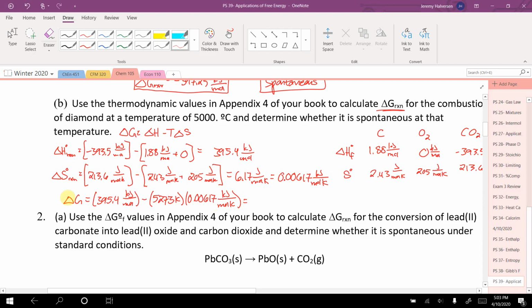I get delta G for this reaction. Let's see. Let's see what I did wrong.